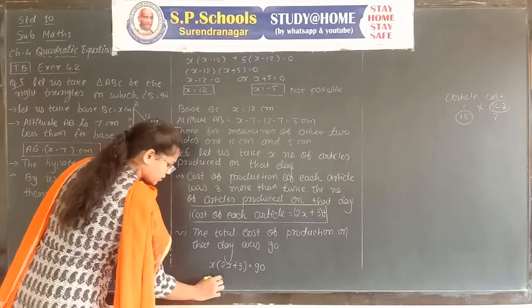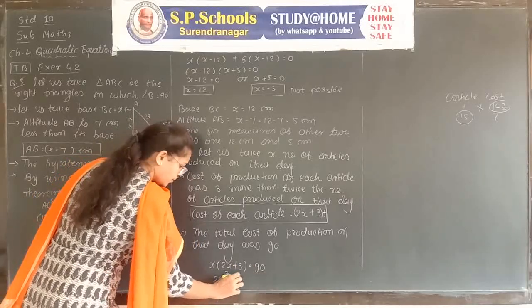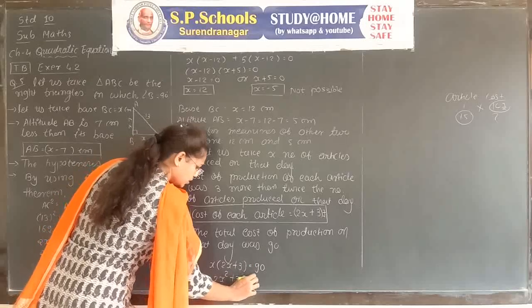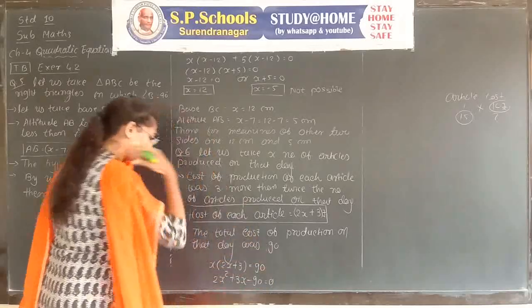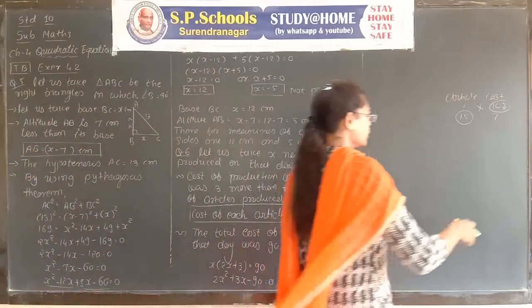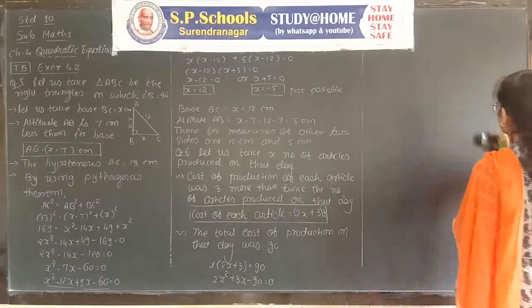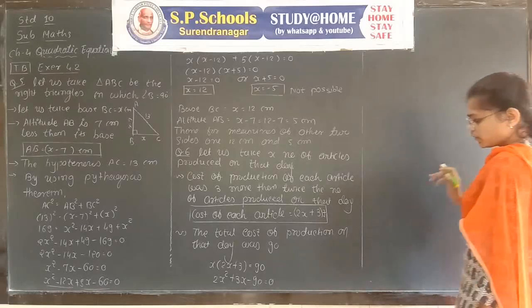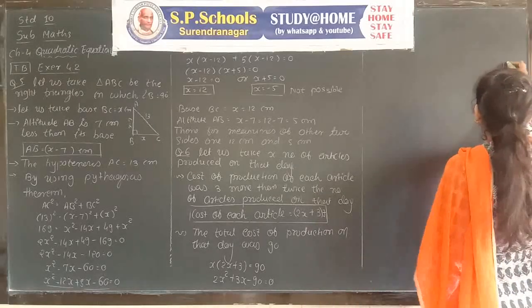x into 2x, which is 2x square plus 3x. Shift 90 from the right hand side to the left hand side. Now we would like to find the solution, meaning the value of x, the roots of the equation. 2 times 90 is 180.